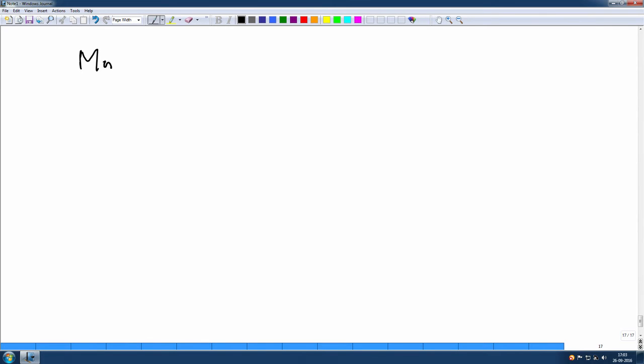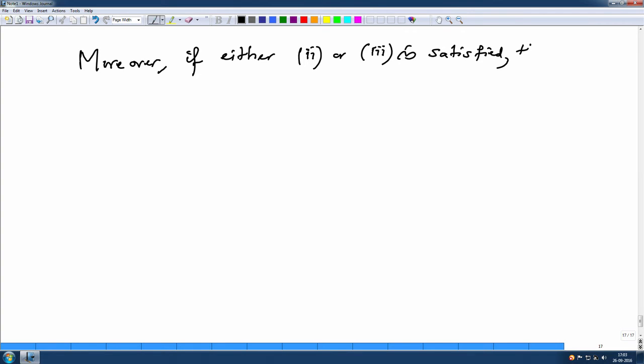Let me complete the statement still more. Moreover, if either 2 or 3 is satisfied, anyway we are going to prove they are equivalent, and 2 and 3 are numbered by Roman numerals, then B has to be A inverse or C has to be A inverse.